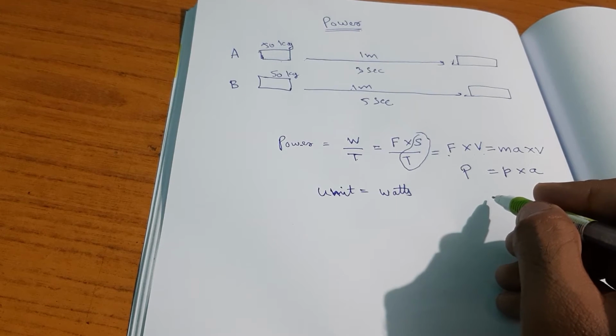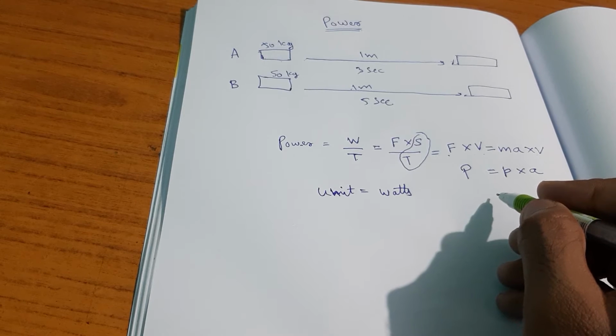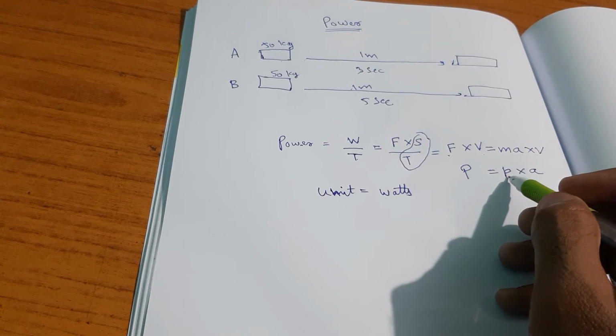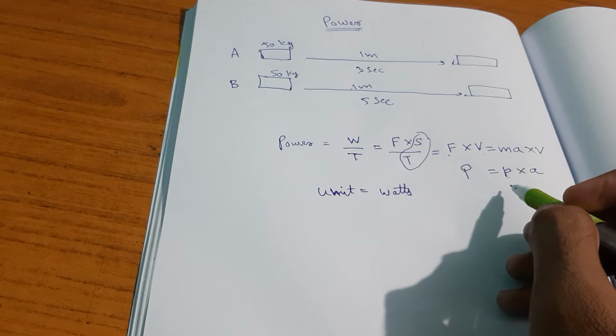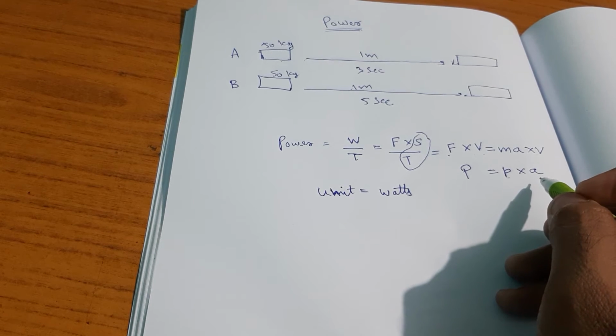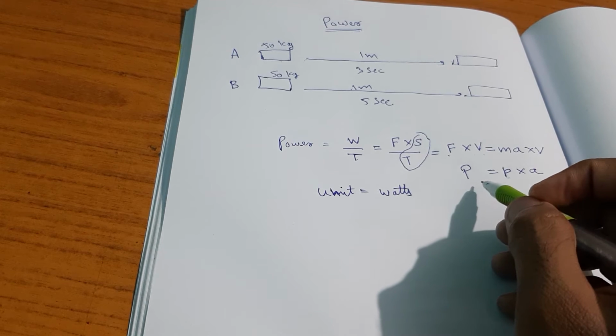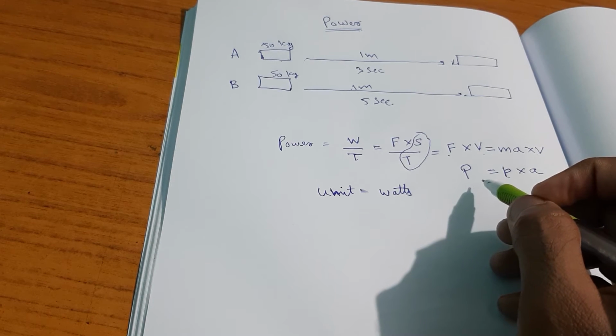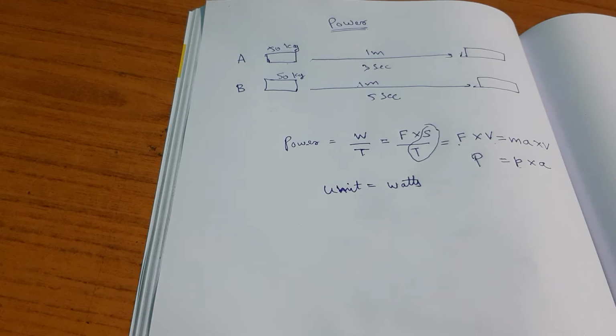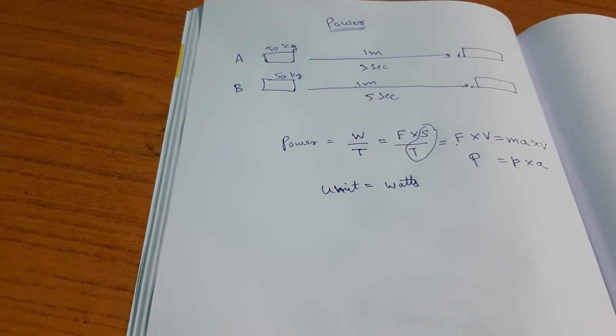If on a body a force is applied and the body attains a momentum of 1 newton meter, and if it accelerates at 1 meter per second square, then the power is 1 watt. Power is a scalar quantity. It has magnitude but no direction.